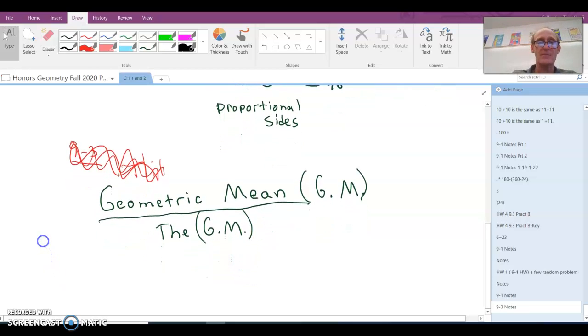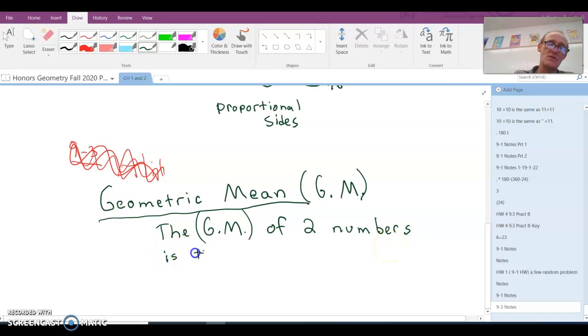The GM of two numbers is the square root of their product.